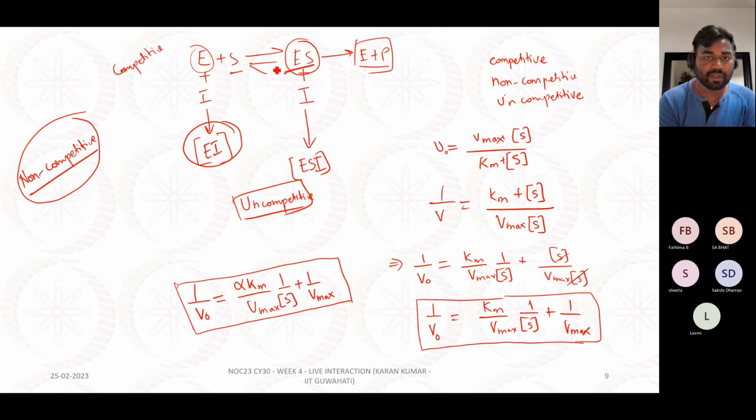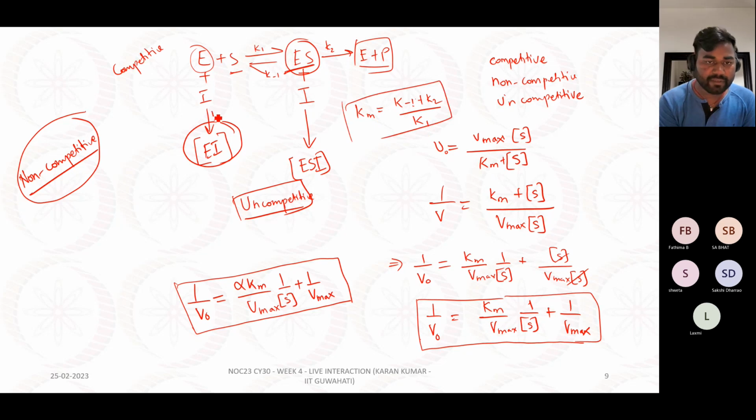In competitive inhibitor, because it is affecting K1, K minus 1, K2, all. Km is what? Km is K minus 1 plus K2 by K1, right? This is your Km.